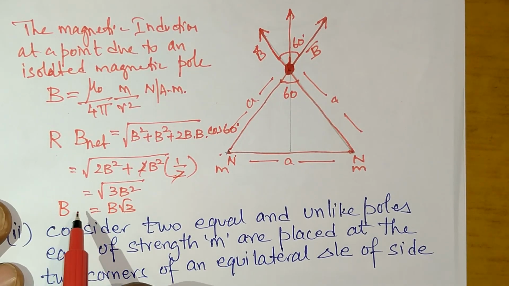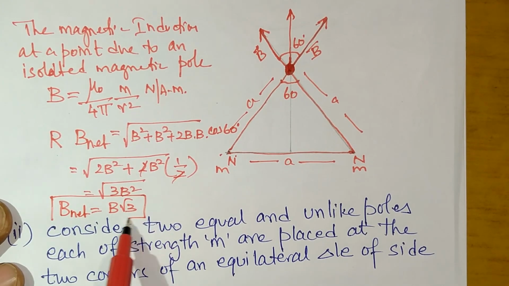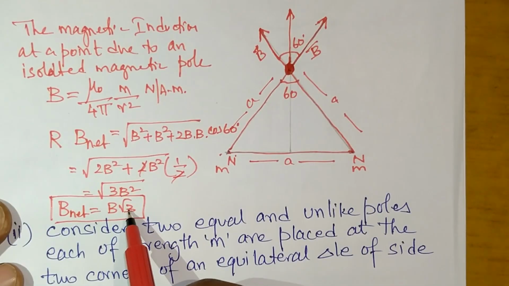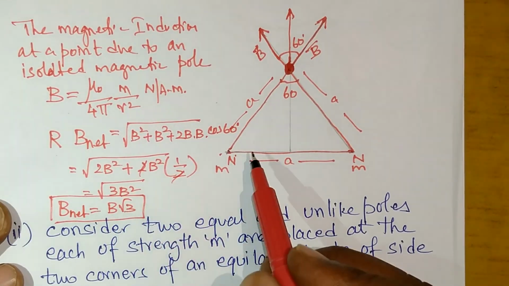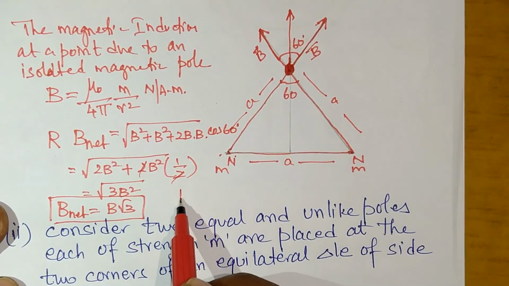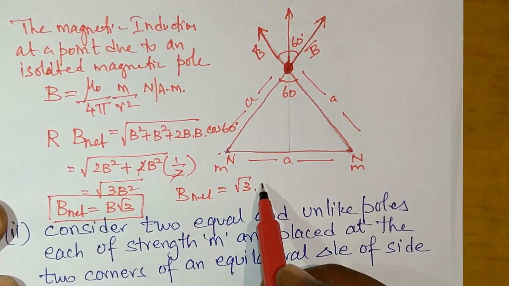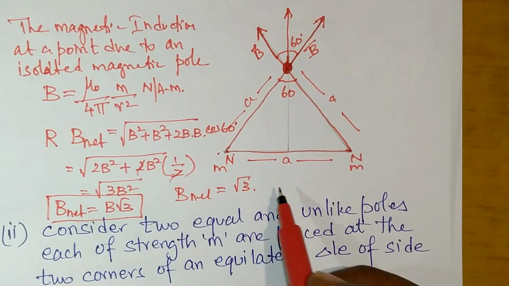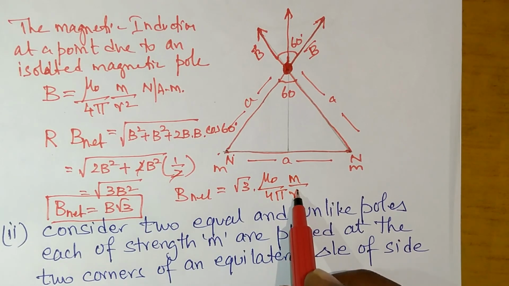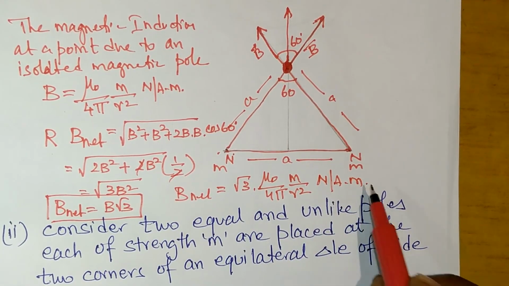So the net resultant magnetic induction at the third corner of the equilateral triangle is root 3 times B. I can write B net is equal to root 3 times mu naught by 4 pi, m by r square. Its unit is Newton per ampere meter.